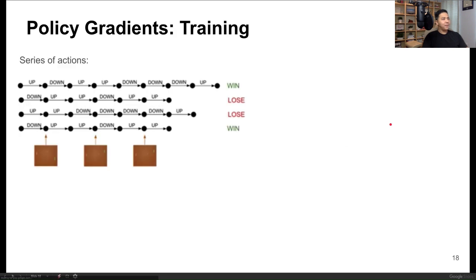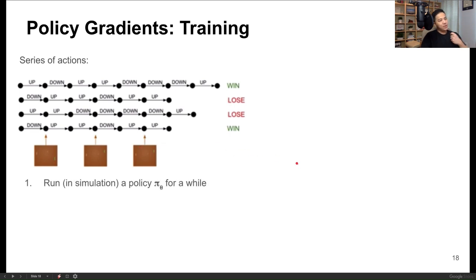Well, what's the problem here now? The problem here is that the training had to wait until the end to get the reward of the outcome. So you go through a series of actions, and then you determine the outcome at the end, like whether you win or you lose, right? And each of the actions that you have also has a state feeding into it.